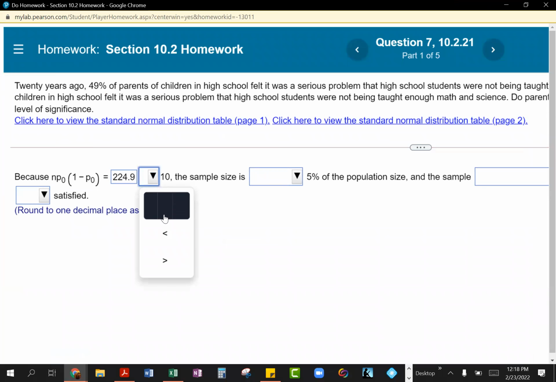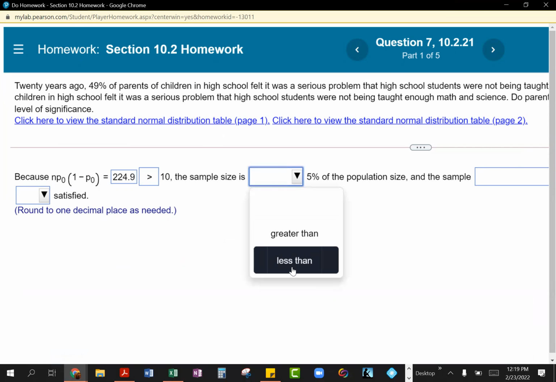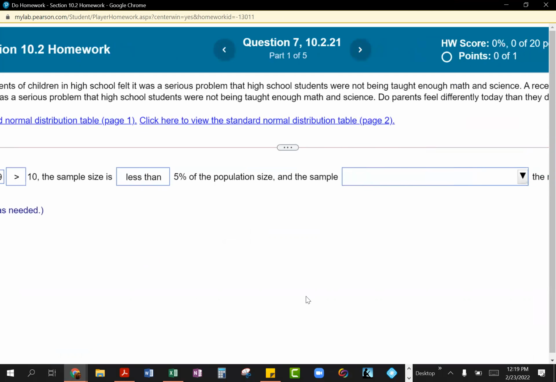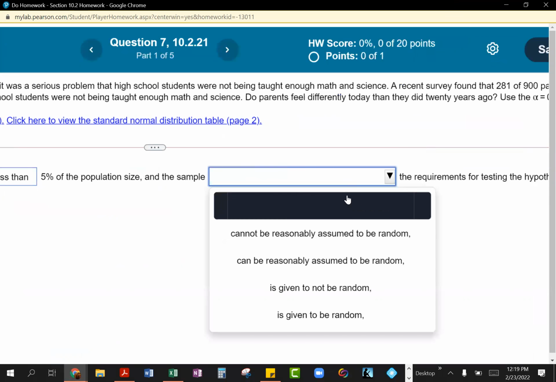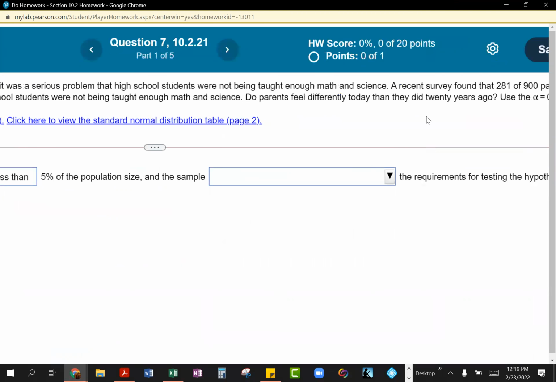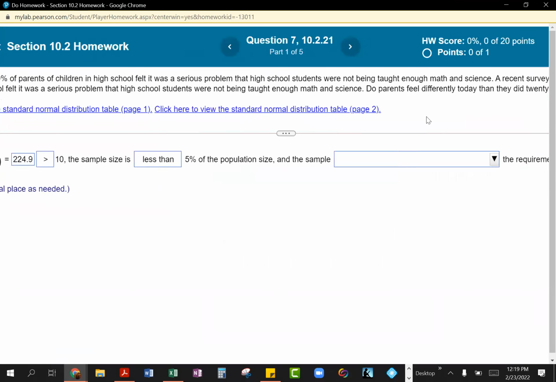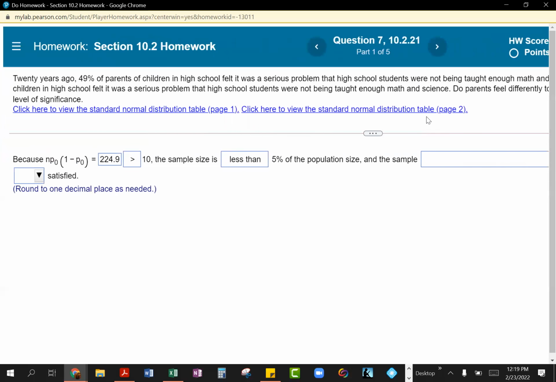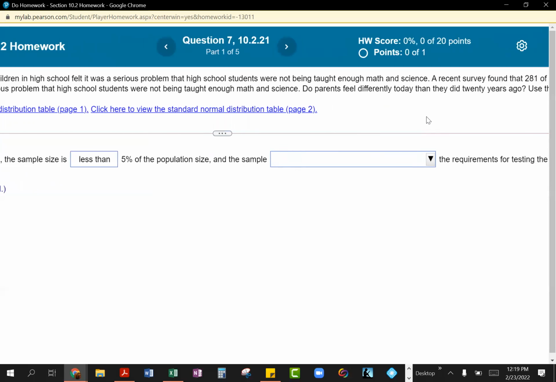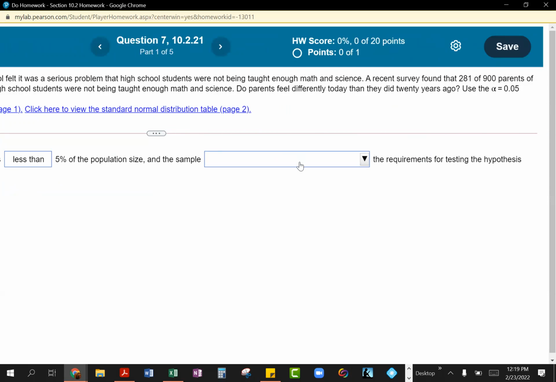This is, of course, a number greater than 10. The sample size, again, they're not telling us, but obviously we're going to make the assumption that our sample size will be less than 5% of the population size. They didn't really tell us either, if you read the wording of the survey, whether this is a random sample of those 900 parents we're talking to.